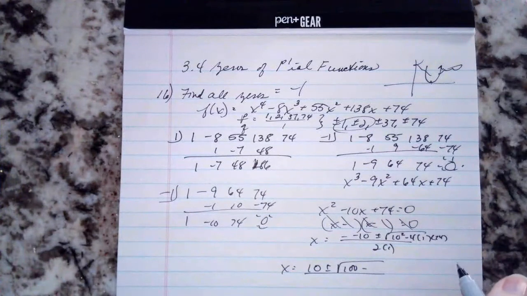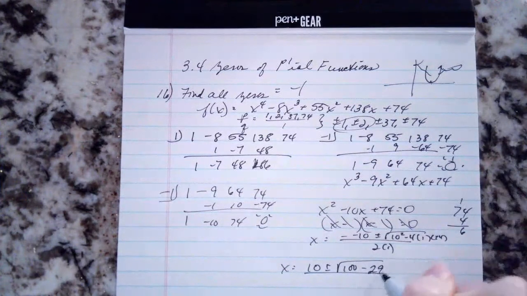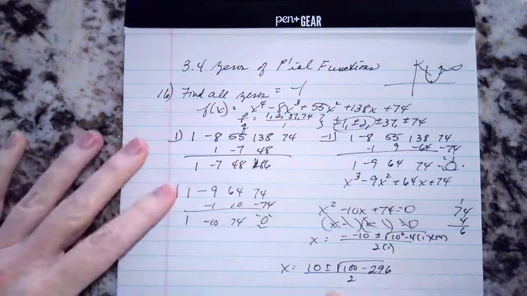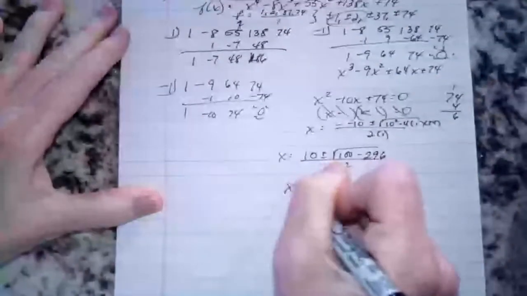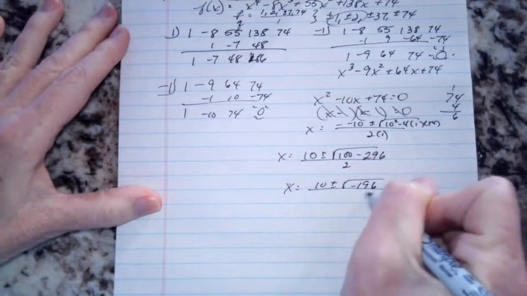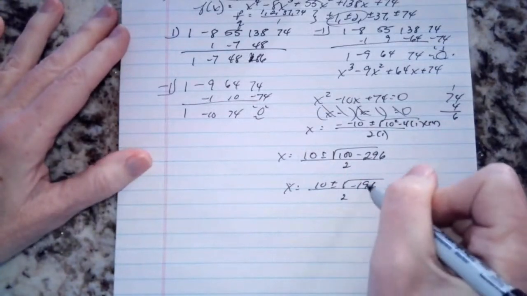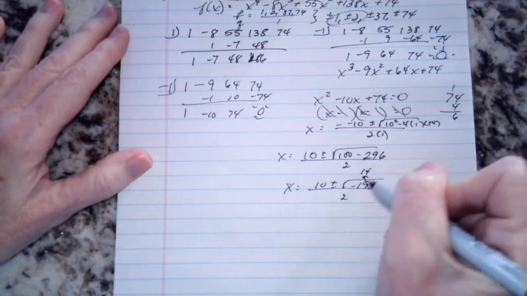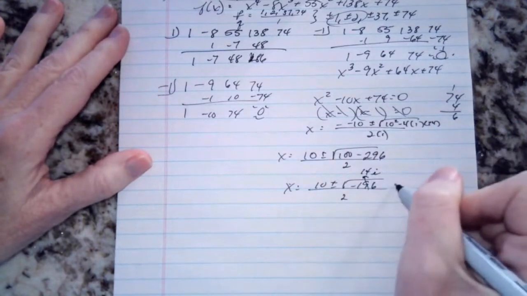We end up with 296 over 2. So we get 10 plus or minus the square root of negative 196 over 2. 196 is a perfect square, so that's going to come out as 14. We've got the square root of negative 1, which is i.